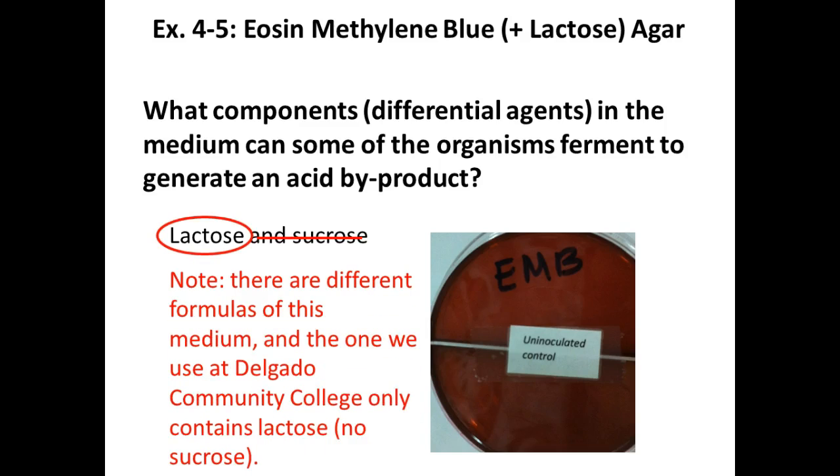So we're only asking the question, can it ferment lactose? Sucrose is the same thing as table sugar, which is fructose and glucose hooked together. It's a disaccharide. But we're just looking at lactose.